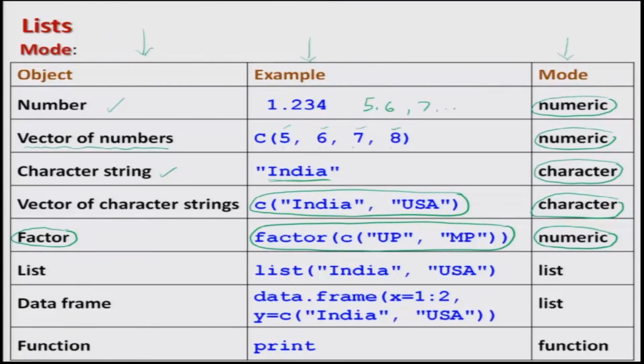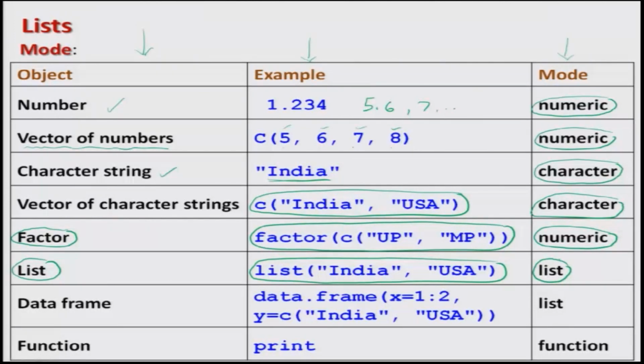Now, I come to another object, which is a list. A list can contain all sorts of elements. They can be character strings, they can be numbers, or anything. For example, I am creating here a list of India and USA, and the mode of a list is actually list.